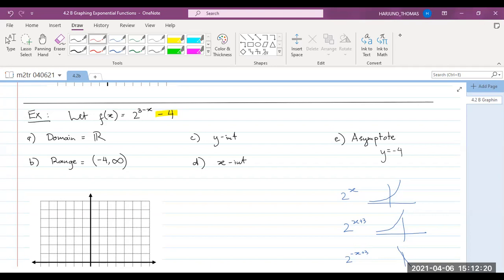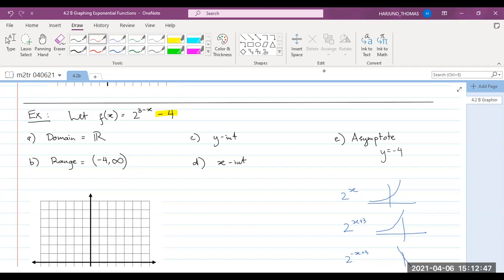It feels weird because the 3 is a negative. The one we replace is only the x. So the 3 there will actually move the graph left.